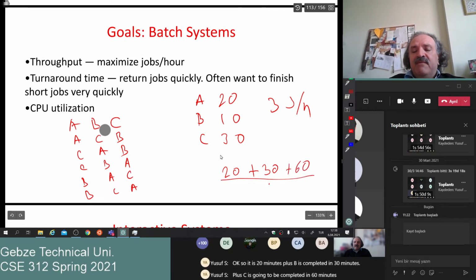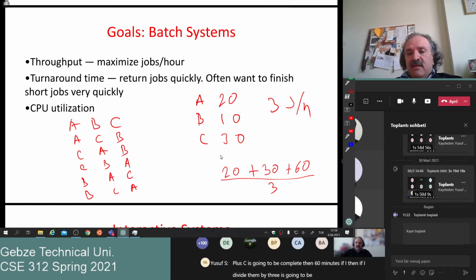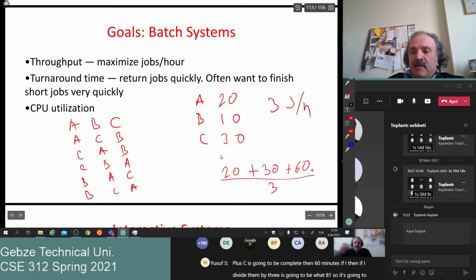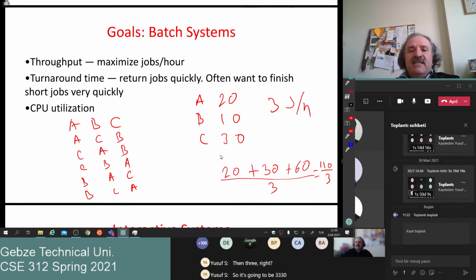If I divide by 3, it's going to be 110 over 3, so it's going to be about 36 minutes per process. Which order has the smallest turnaround time?